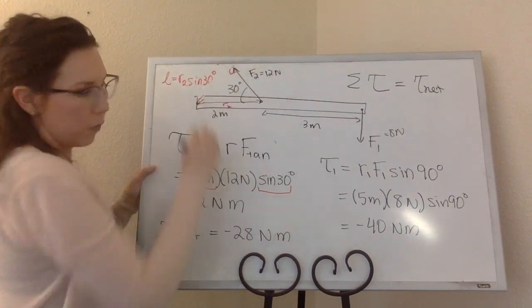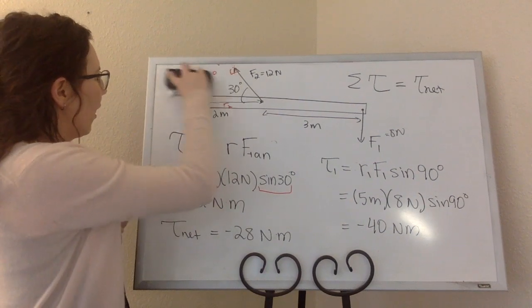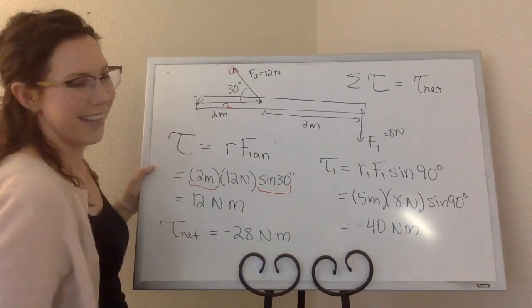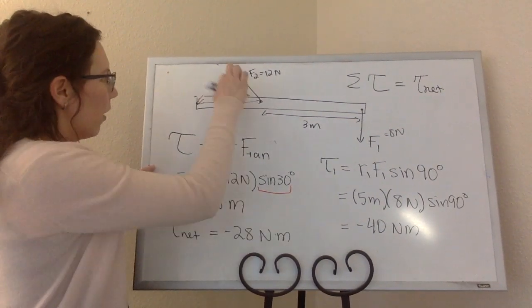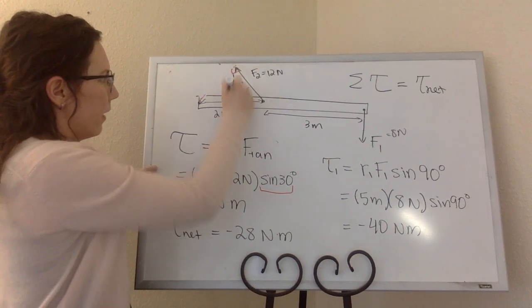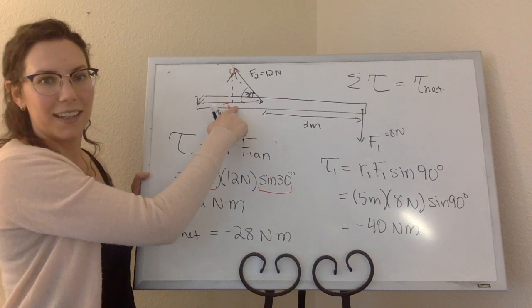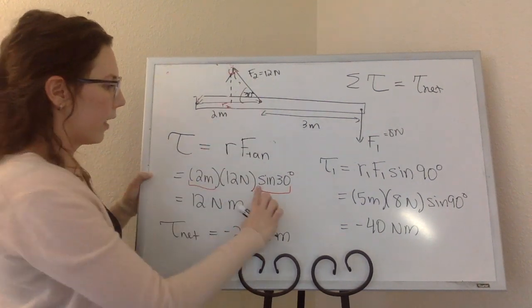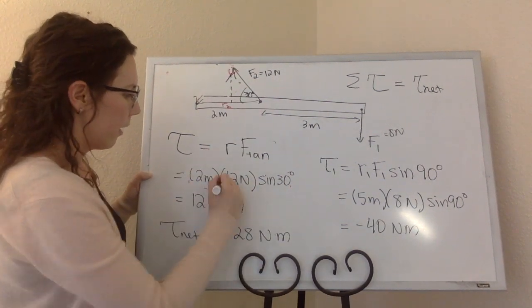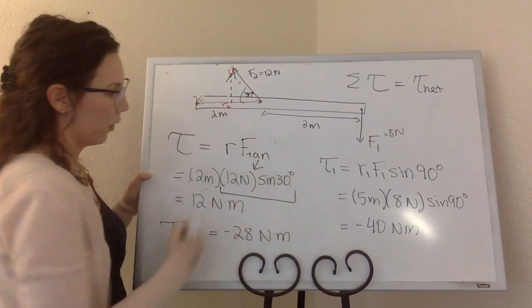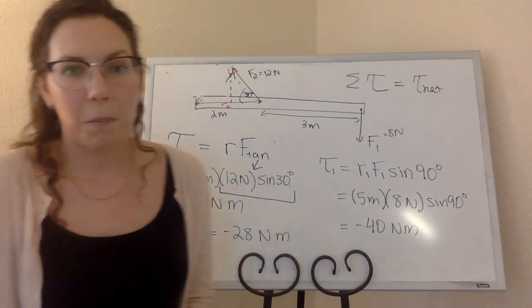So if I now draw in, instead of the lever arm, the tangential component of the force, I'll draw it here so you can see that it's opposite to the 30. It's this perpendicular component to the force here, which is F sine 30. So now it's this part, which is the tangential component. And so we would end up with the same result.